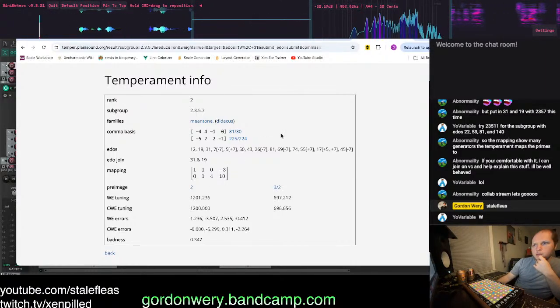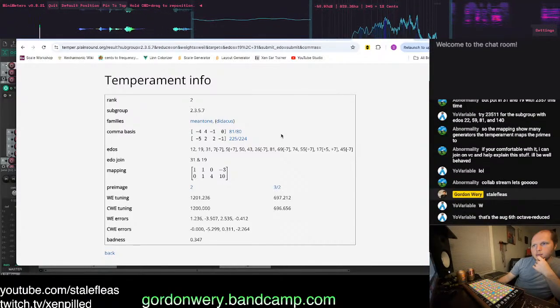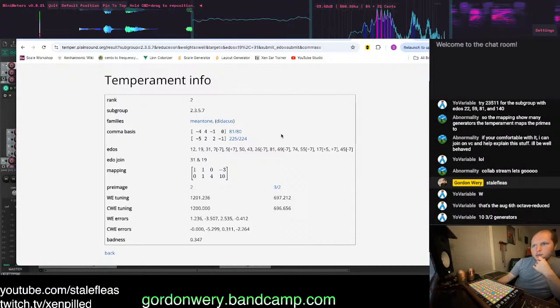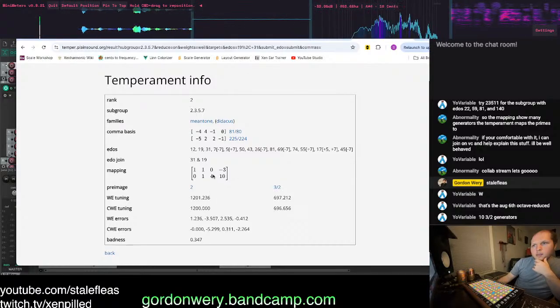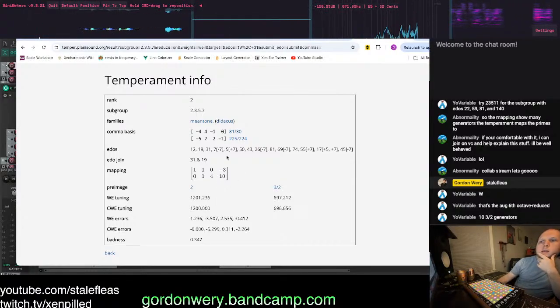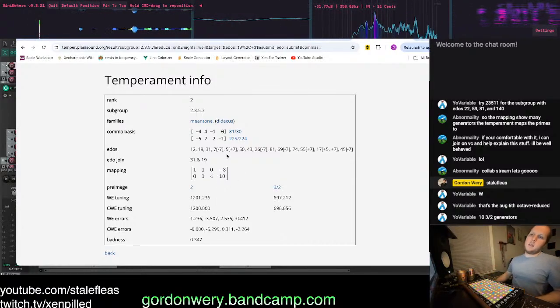By default in 12, if we stack 5 whole tones, that gets us to 1,000 cents, and we want a 7/4. So by stacking flatter whole tones because it's mean tone, it naturally gets us to a 7/4.